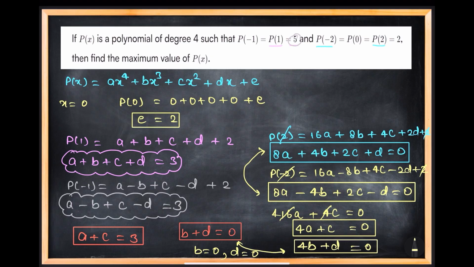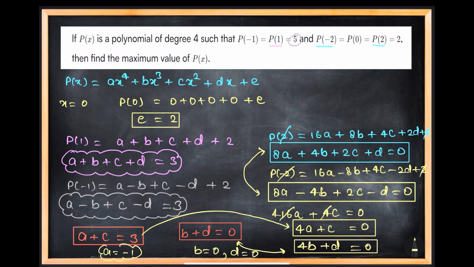Now you have to solve this with this. So in place of c, can you write minus 4a? So a minus 4a equals to 3. So minus 3a equals to 3. So a equals to minus 1.